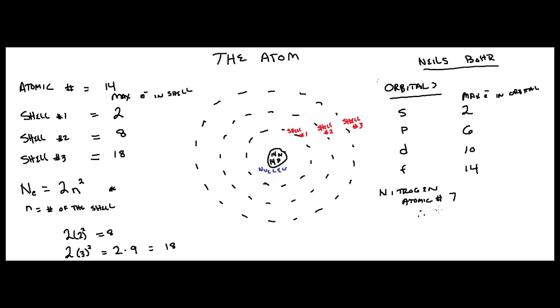Therefore, you're going to have 7 protons, and hence you're going to have 7 electrons in an electrically balanced atom.